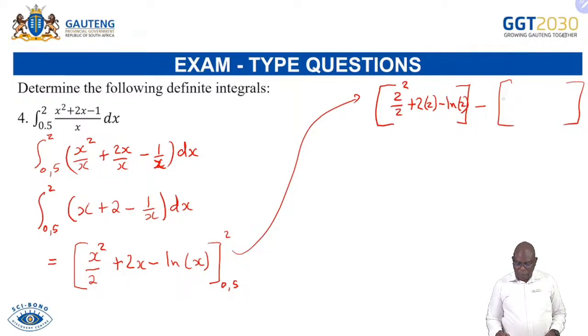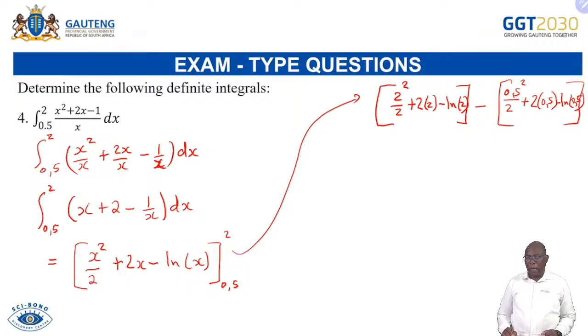The next one will be 0.5 squared all over 2 plus 2 into 0.5 minus ln of 0.5. Right. Okay. Then straight into the calculator. You must not waste a lot of time on this. You must go straight into the calculator so that we do not waste time.